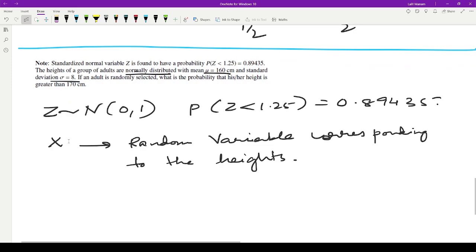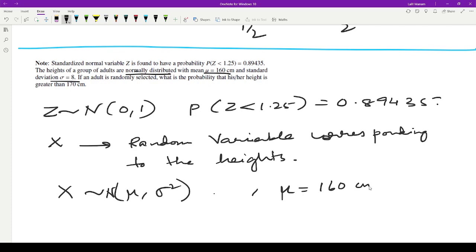It's also given that X is normally distributed with some mean mu and variance sigma square, where mu is given as 160 centimeters and sigma is given as 8 centimeters.